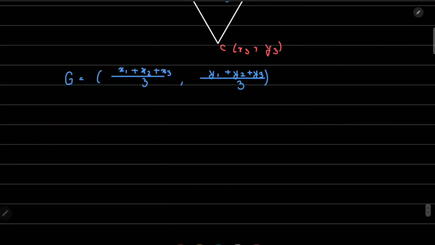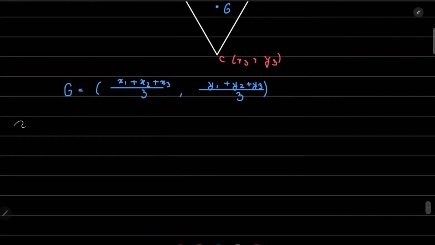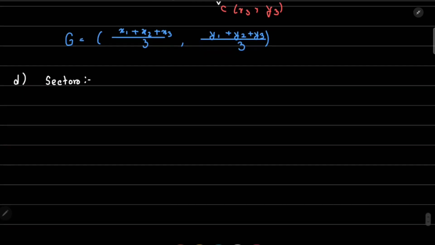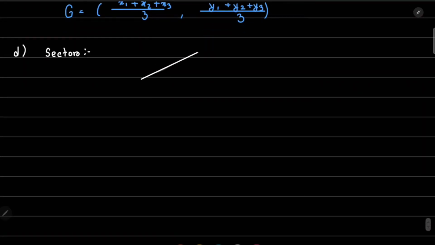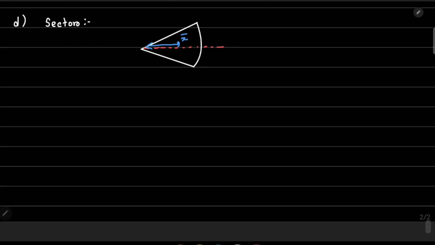We also have to remember it for sectors and semicircles. So for a sector, the center of gravity will fall on this line, and we have to find this value over here, which is x bar.